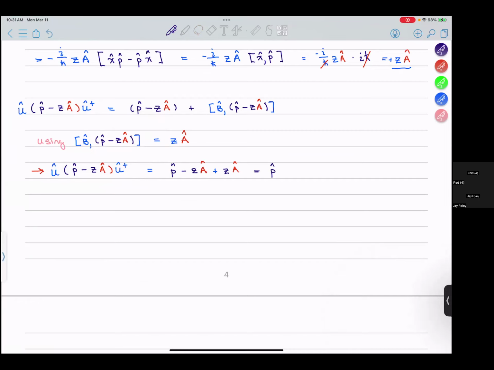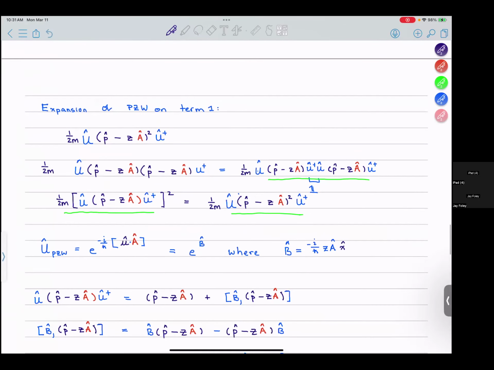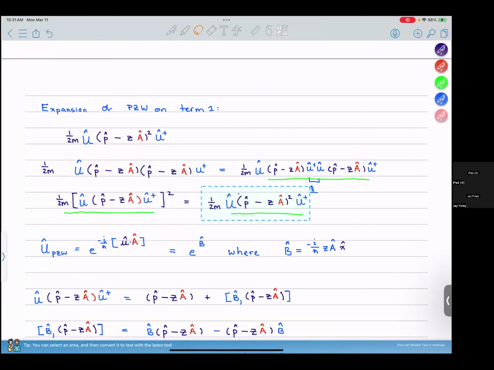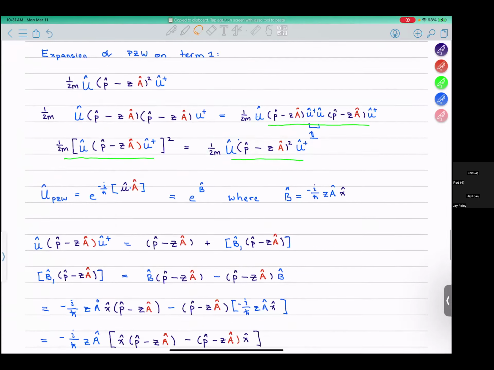Not quite. So here's what we actually have to do. We have to remind ourselves that we actually wanted to transform the square of this operator.